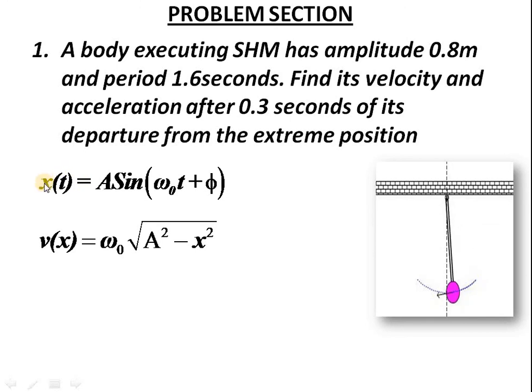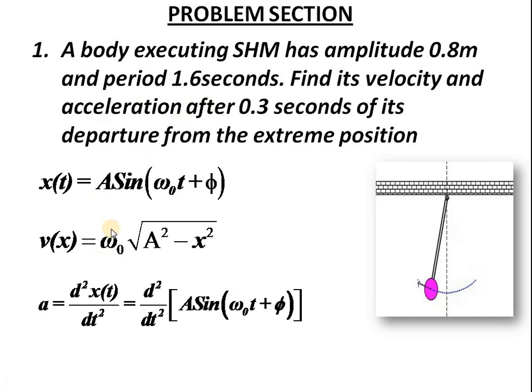Velocity is dx by dt, you differentiate it, you will get an expression, and you can put in the values, so then you will get the velocity at any time instant. Time is given as 0.3 second, you have to put it here, and period is already given as 1.6, so omega 0 can be easily found. So velocity can be found.